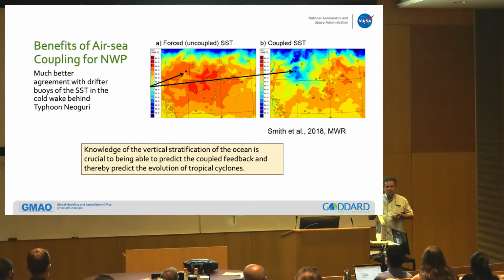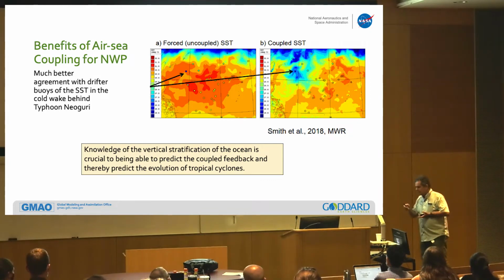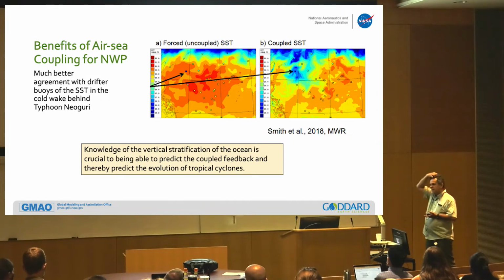It doesn't really cool the ocean, it has this infinite source of energy. Once you couple the model, you can see as the hurricane goes by, you actually leave a wake of cold water, right? So it's really becoming, even for shorter time scale, that this coupling is necessary.